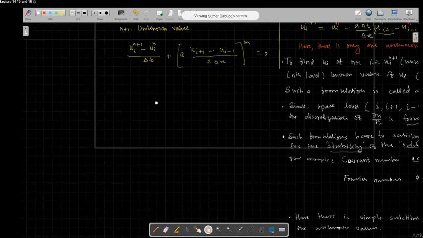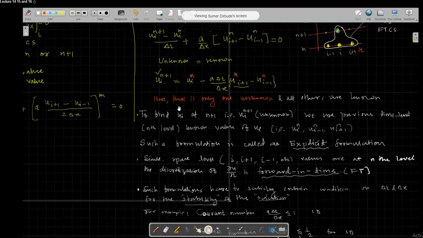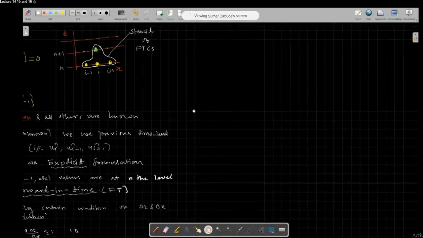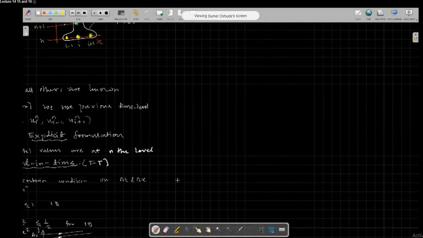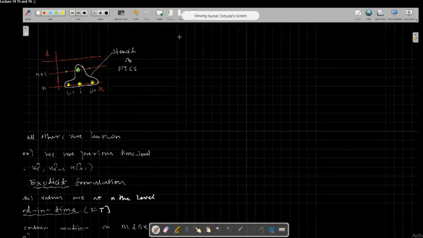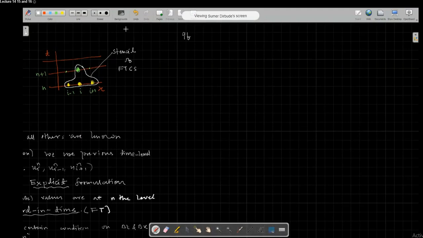Now, suppose instead of this, m is equal to n plus 1.